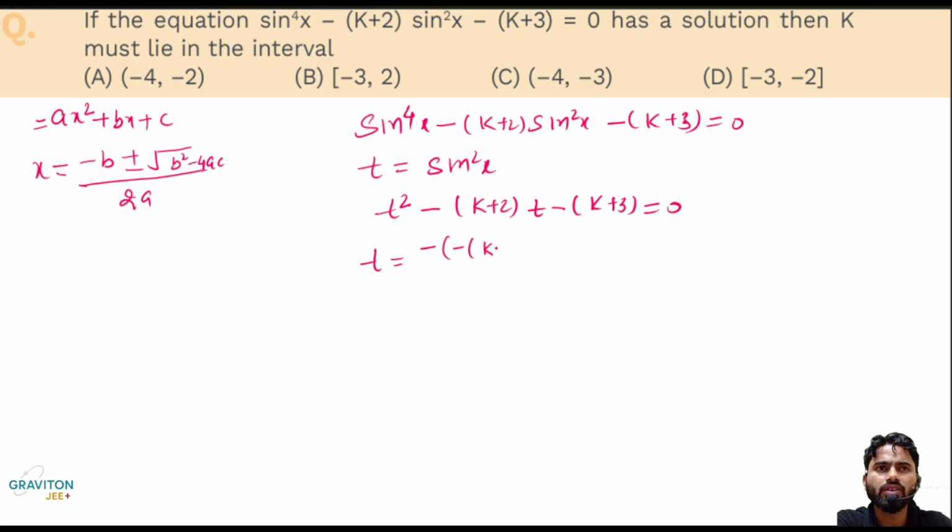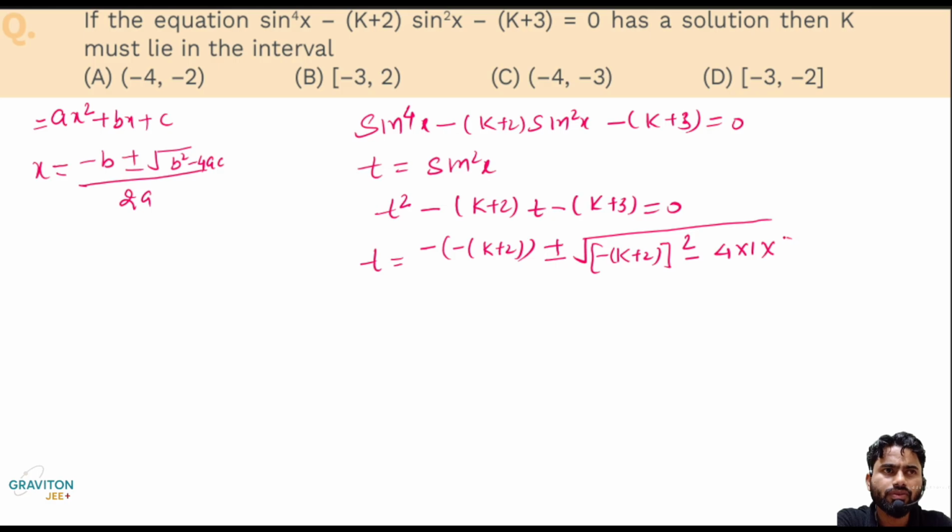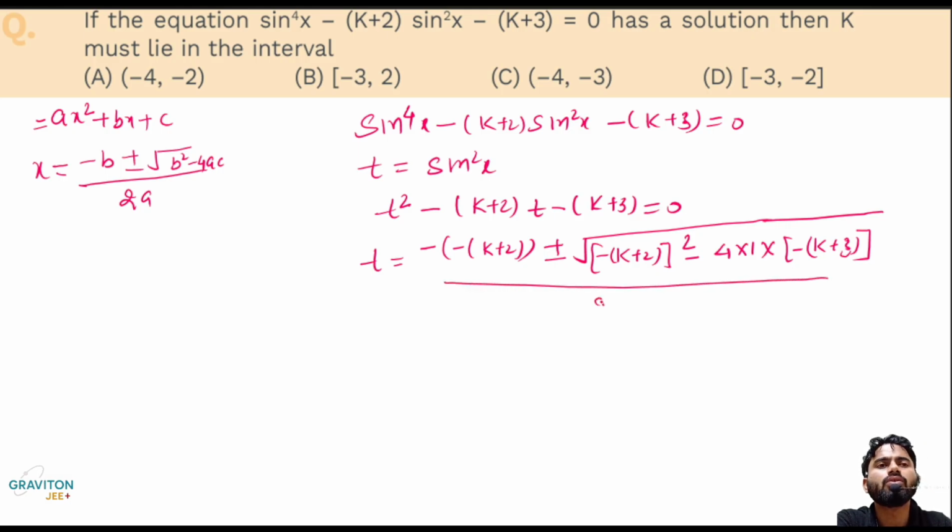Your b is minus (k plus 2), plus minus root under b square minus 4ac, so b is minus (k plus 2), and this square minus 4 into a into your c, which is k plus 3, upon 2a. What is a?